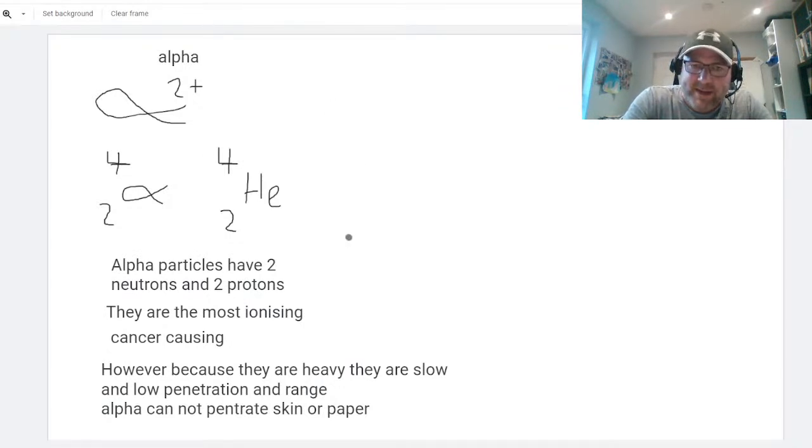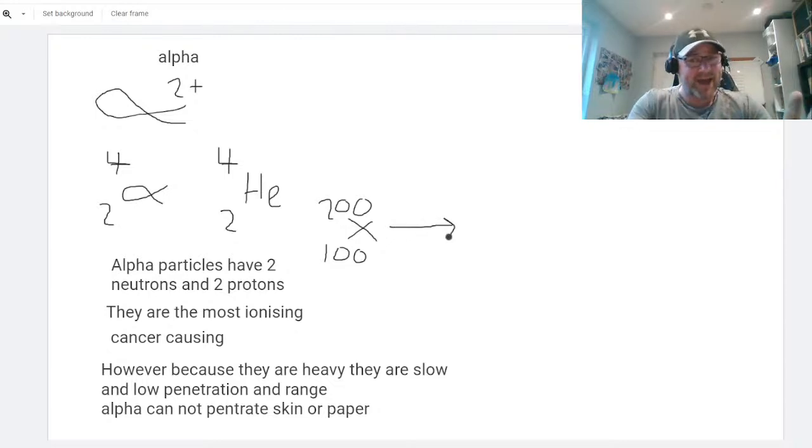So I'm just making this up, but if I had isotope X and it had a mass number of 200 and an atomic number or proton number of 100, an isotope X, when it decays, becomes isotope, I was going to say Y, but then I'm not going to say Y. When it decays, it becomes isotope Z plus alpha.